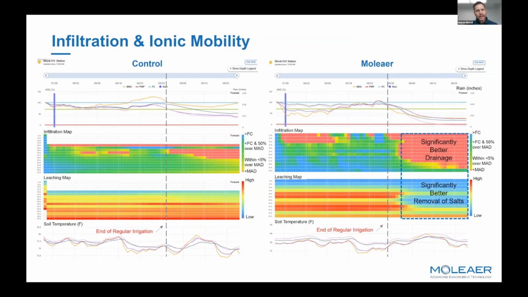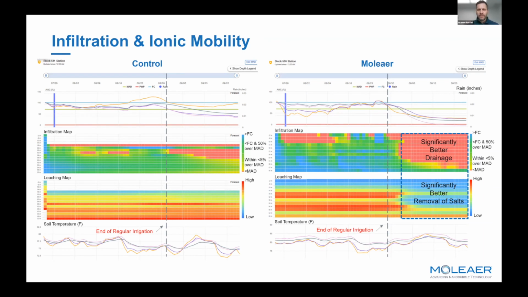Another thing that we track consistently now, and we feel is one of the most pronounced benefits of introducing nanobubbles to irrigation water, is this ability to improve infiltration, particularly when there is compaction in the soil zone, and especially when you also have sodium accumulation because of that compaction.